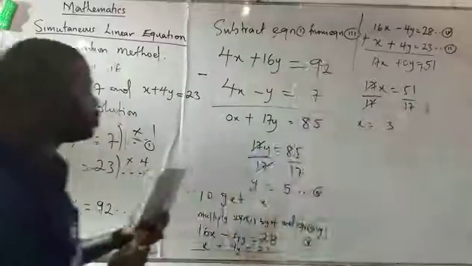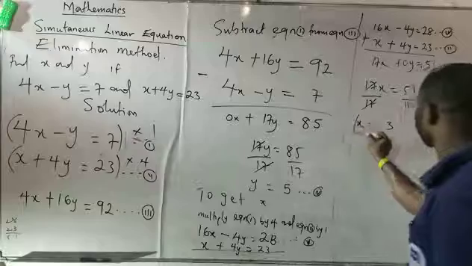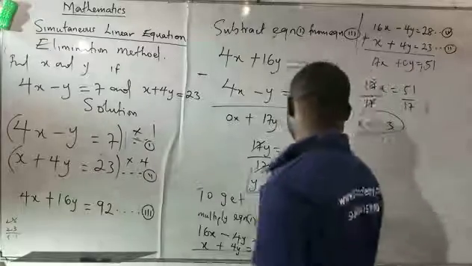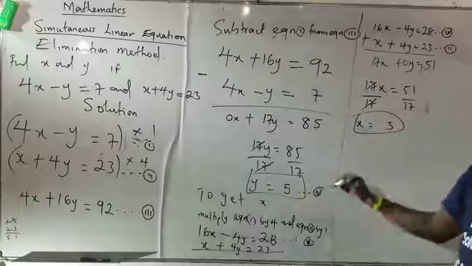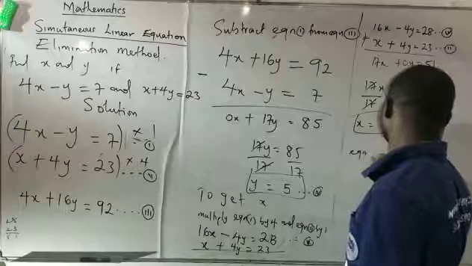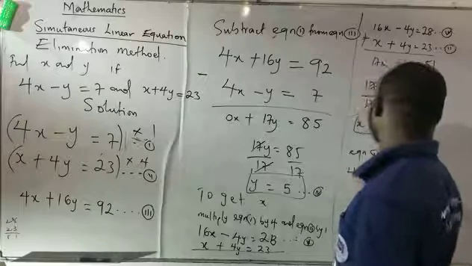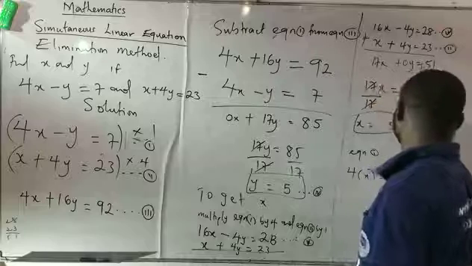Now mind you, x is equal to 3, and y equals 5. Now listen to me. There are values of x and y. Pick any of the equations. When you pick equation 1, for instance, we have 4 times x minus y equals 7.